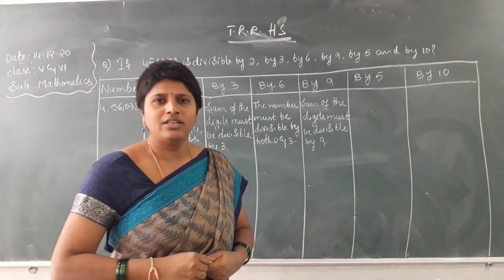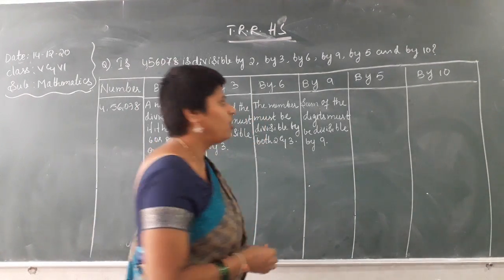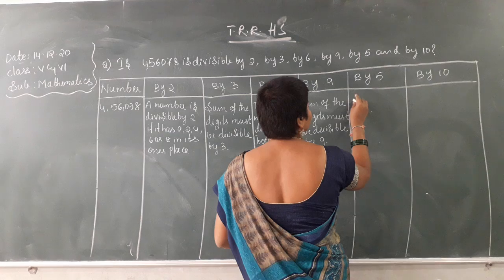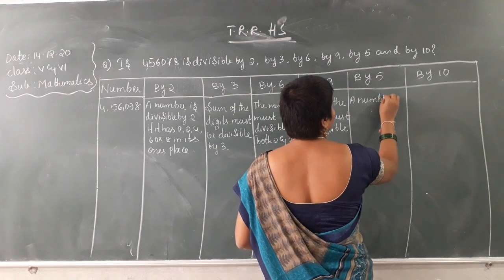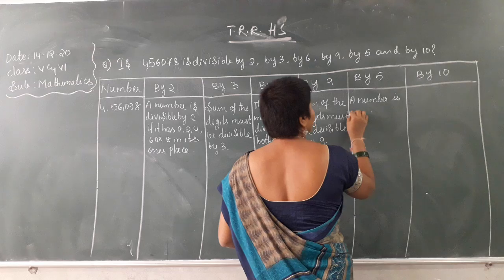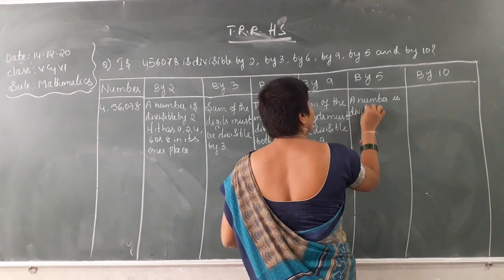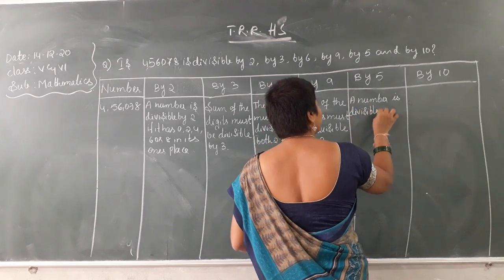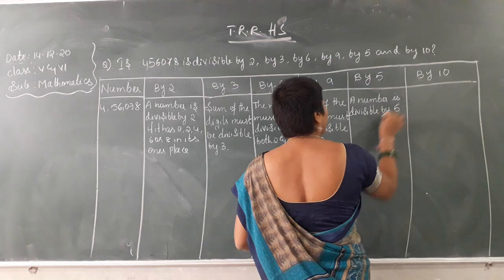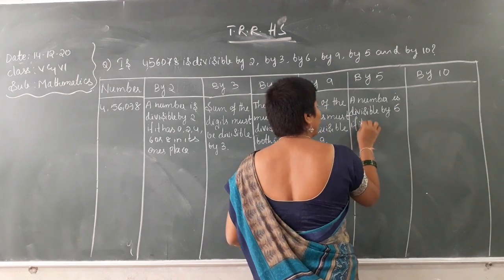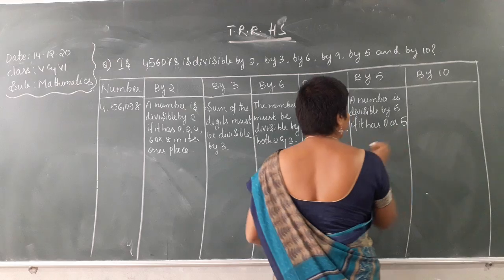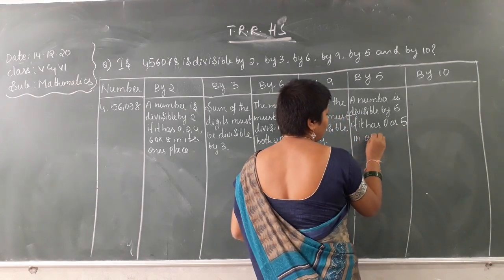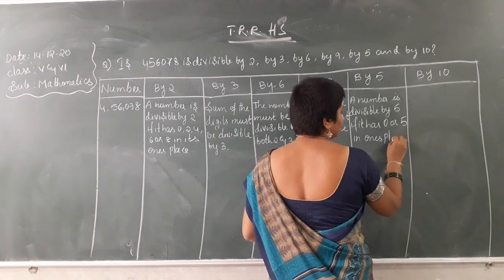Now what is the rule of 5? What should be there in the ones place? 0 or 5. So a number is divisible by 5 if it has 0 or 5 in its ones place.